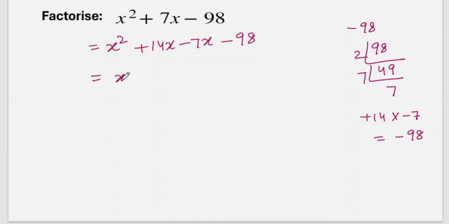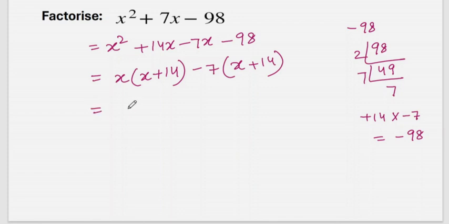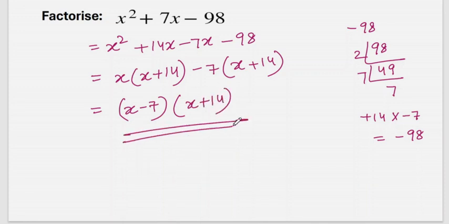So this is x plus 14 minus 7 and then x plus 14. So the final answer is x minus 7 and x plus 14. Okay, so we have got the factors of this polynomial.